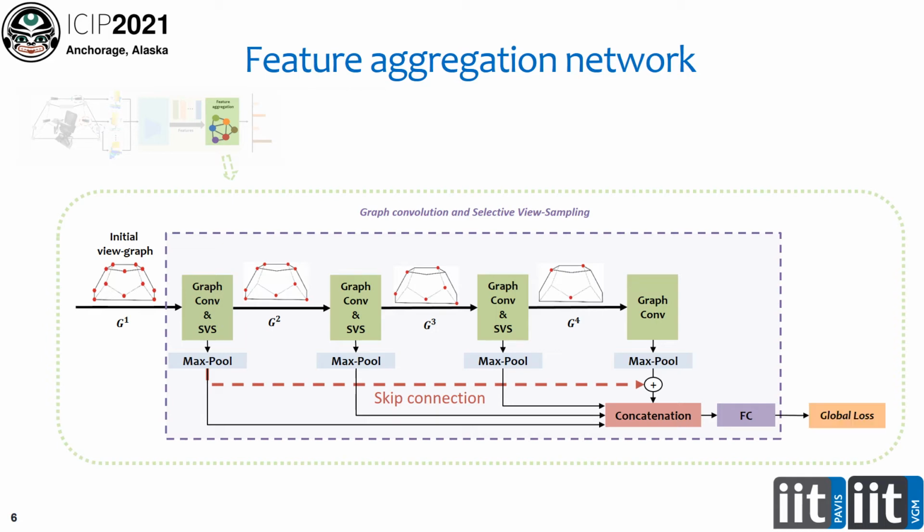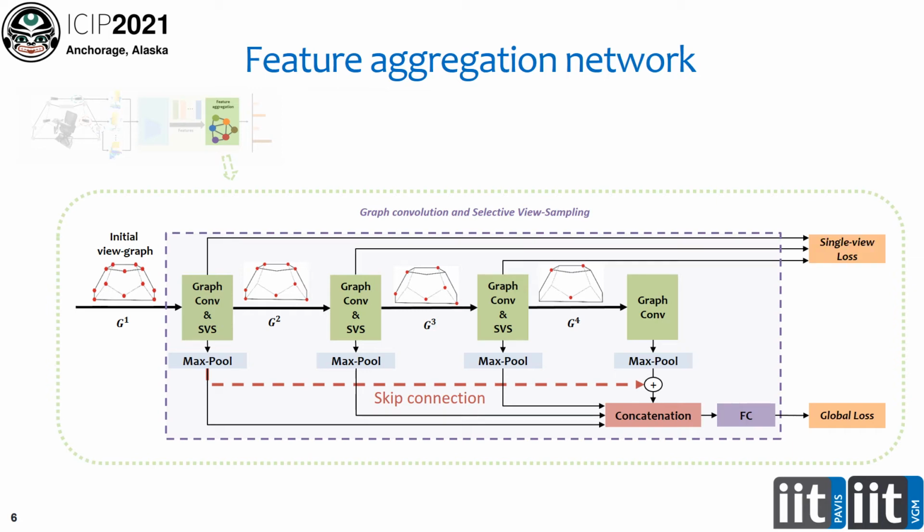The training loss consists of two elements, global shape loss and selective view loss, where the global shape loss is a cross-entropy loss with a fully connected layer and softmax function. Selective view loss is the cross-entropy loss for the view selector, necessary to evaluate if the selected view can recognize the shape object or not.